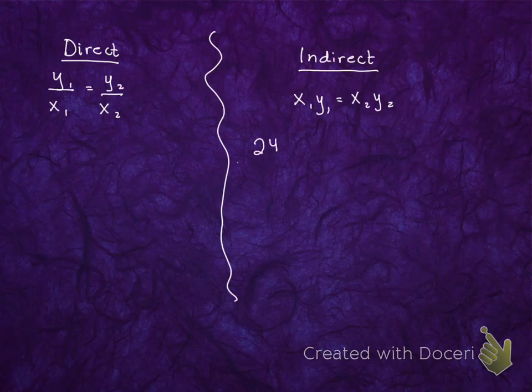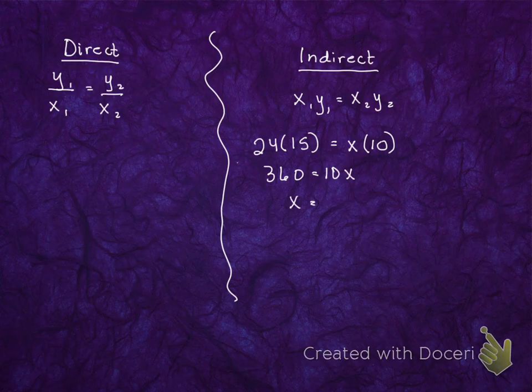So 24 workers in 15 days, we're looking at how many workers are needed to complete the job in 10 days. Okay? And the reason that we set it up like this is because we were told it was an inverse. So 24 times 15, and then of course, all divided by 10 would give us 36.